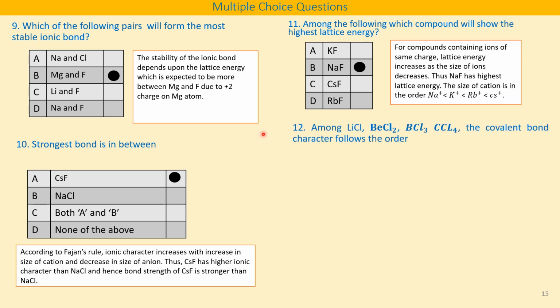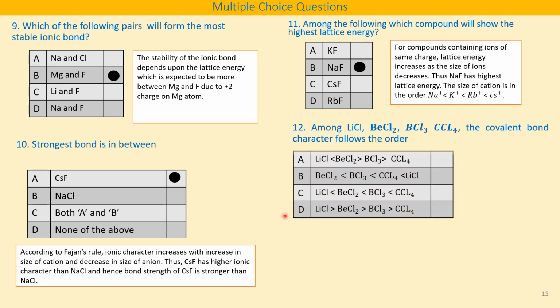Next question. Amongst LiCl, BeCl2, BCl3 and CCl4, the covalent bond character follows the order. Four options are given. Option A: LiCl less than BeCl2, greater than BCl3, greater than CCl4. Option B: BeCl2 less than BCl3, less than CCl4, less than LiCl.